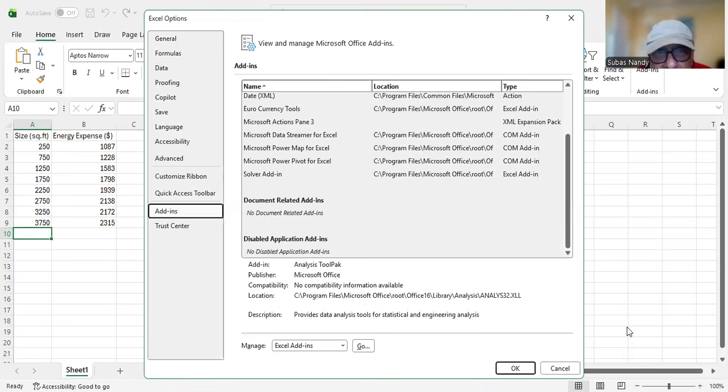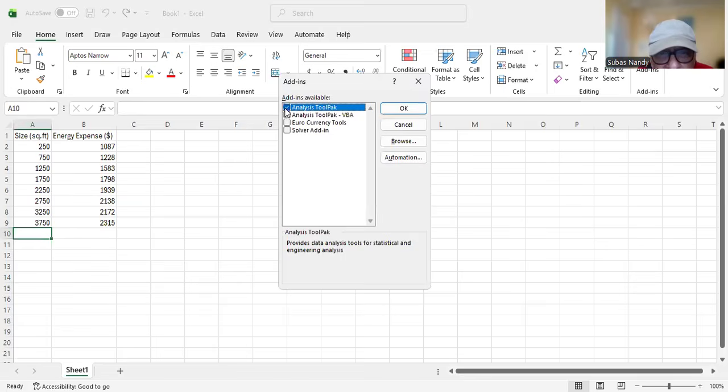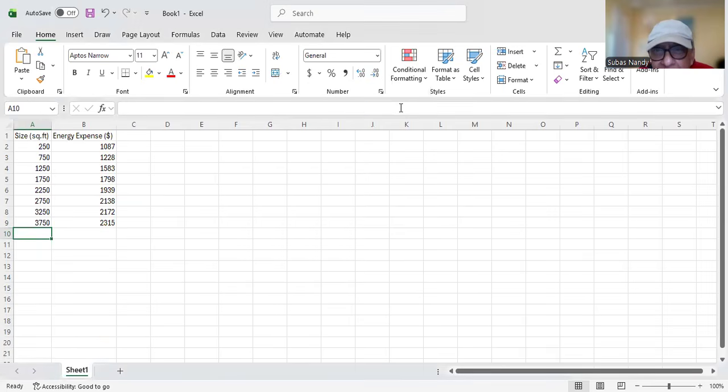Oh, here it is. So you're going to add in Excel add-in and you're going to click on the button go. Okay. And data analysis tool pack will be fine and say okay. That means you have added in the data analysis tool pack.